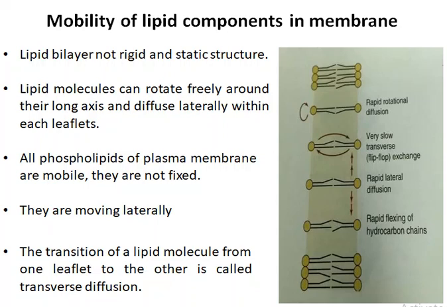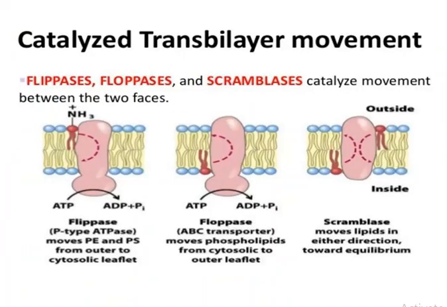So very rarely, only when it is required, the cell will try to make transverse diffusion using certain proteins on the biological membrane, which are flippases, floppases and also scramblase, which help the phospholipids move from one layer to another layer.